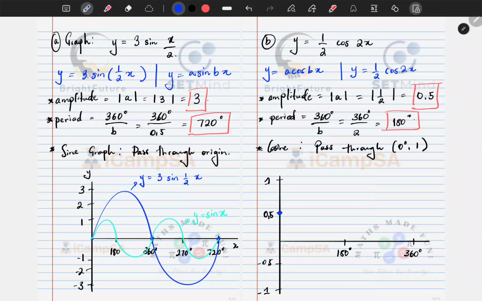We do need our x coordinates, but I can simply tell you that the graph will go like this, that doesn't look nice at all.